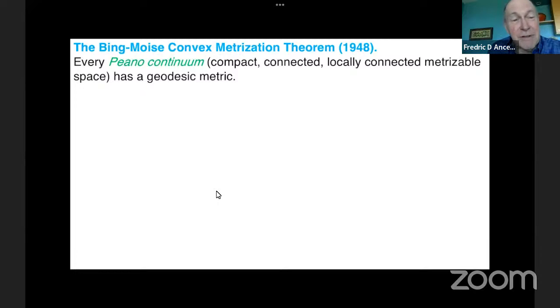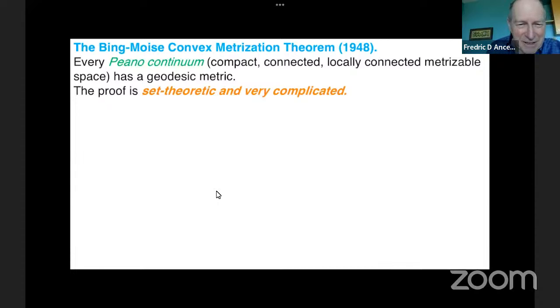And they prove that these spaces have geodesic metrics. And I had never looked at this proof until maybe a decade ago, and I looked at it, and it's fiercely complicated and set theoretic, and not what I would call geometric.